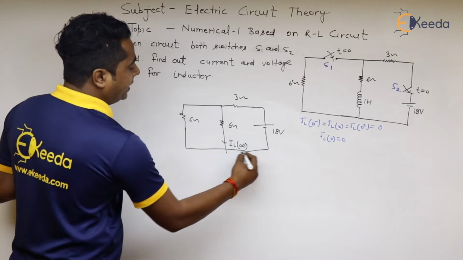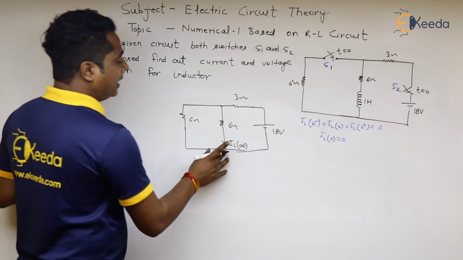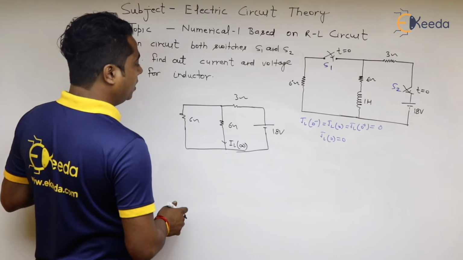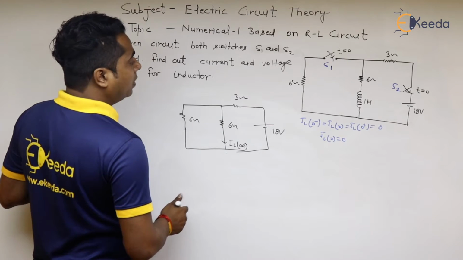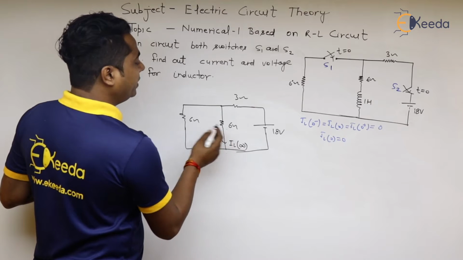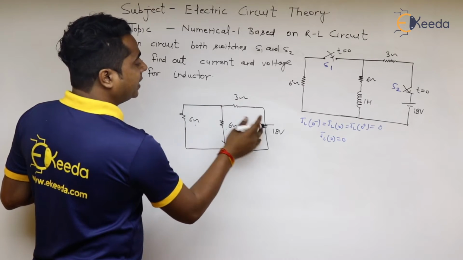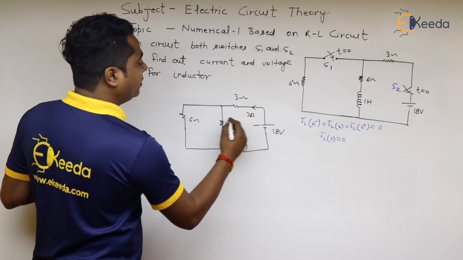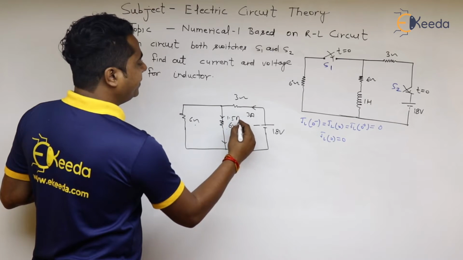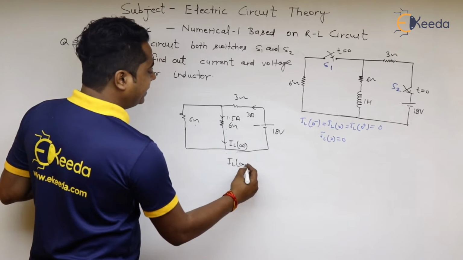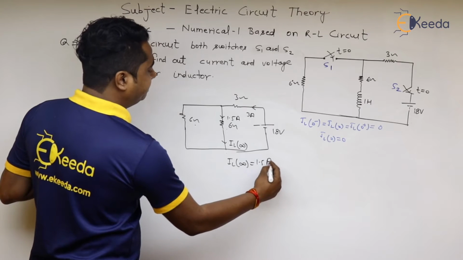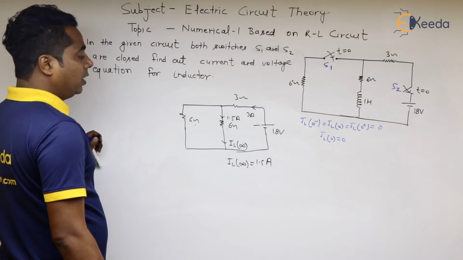So from here we can calculate the value of IL infinity. This 6 ohm will be 3 ohm, 3 plus 3 is 6, this will be 3 ampere, and this will be 1.5 ampere. So IL infinity is equal to 1.5 ampere.